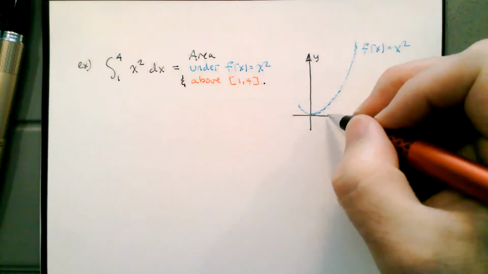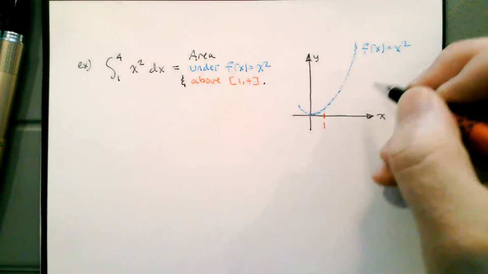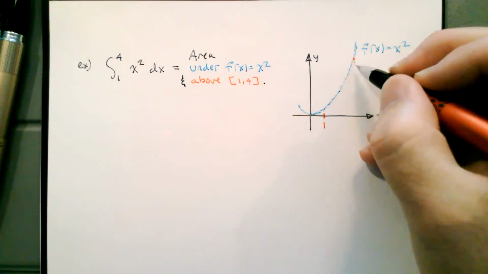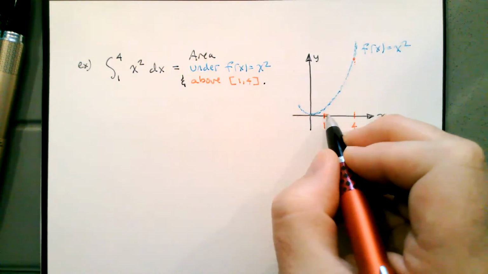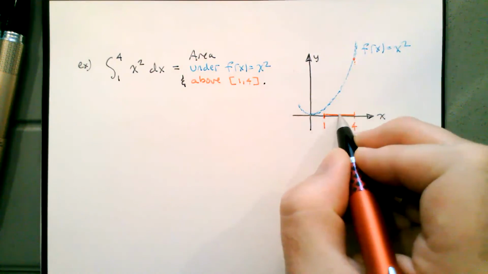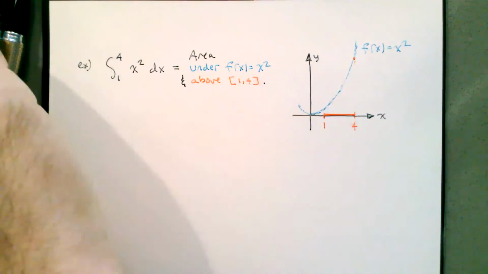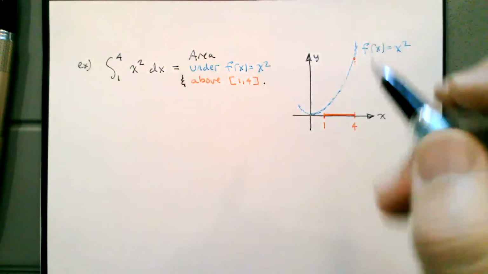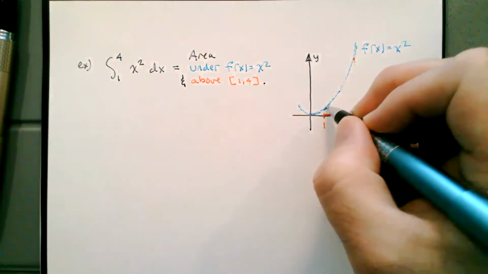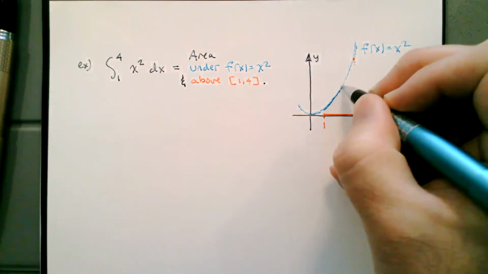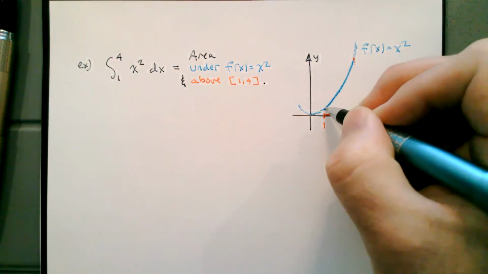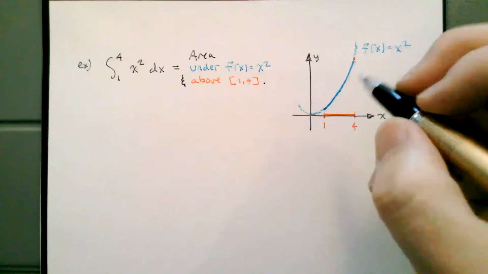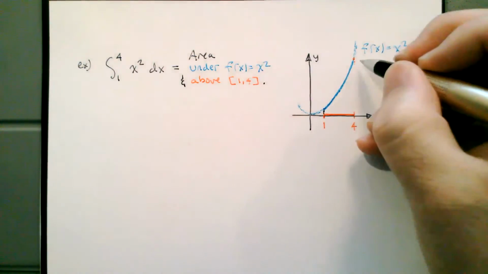I don't know why I drew so much parabola. And we're going to go from 1, I'll just stop right here, to 4 on the x-axis. So the area under the curve x squared and above the interval from 1 to 4 on the x-axis.